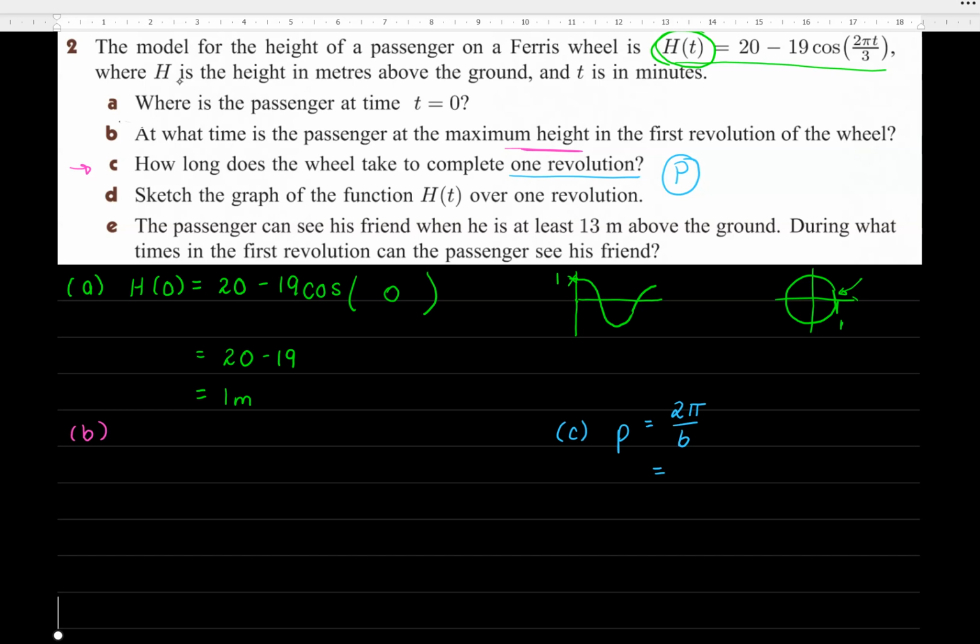We've got 2 pi divided by, what's our coefficient of t here? It's actually 2 pi over 3. So this becomes 2 pi times 3 over 2 pi. They cancel, and we've got 3. So what we're saying is it's going to take 3 minutes to complete 1 lap.